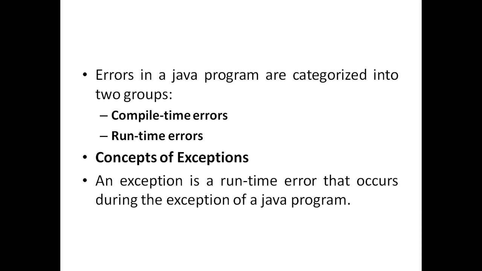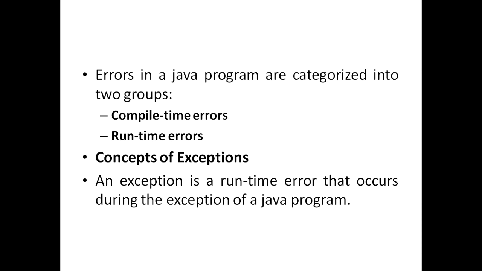Compile time errors are the errors which occur in the program during the compilation of the program. For example, syntactical errors are also called compile time errors. For example, missing the semicolon at the end of the statement, misspelling the keyword, not following the syntax of the looping, branching, etc. So these all belong to the compile time errors.